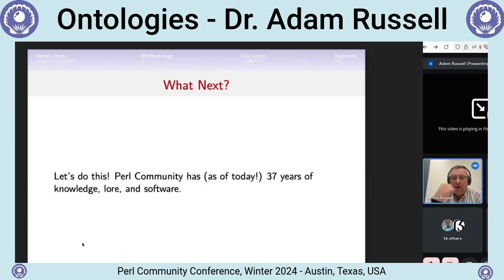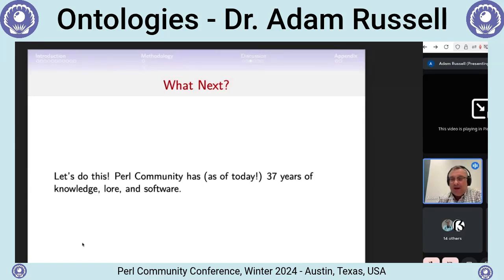And so the Perl community has, as of today, 37 years of knowledge, lore, software. And by software, I mean different repositories, not just CPAN, but primarily CPAN. Actually, CPAN is not quite 37 years old, right? But altogether, there's 37 years of knowledge going back to old Usenet posts, right?